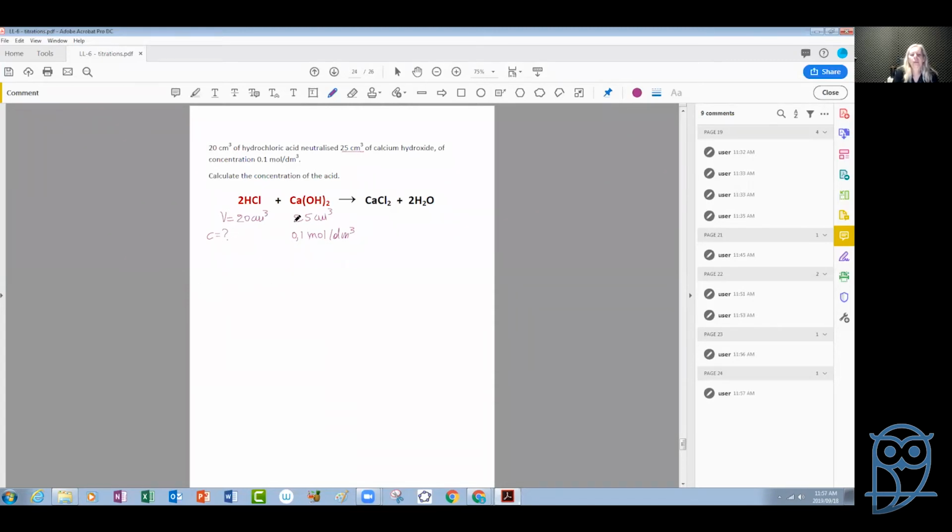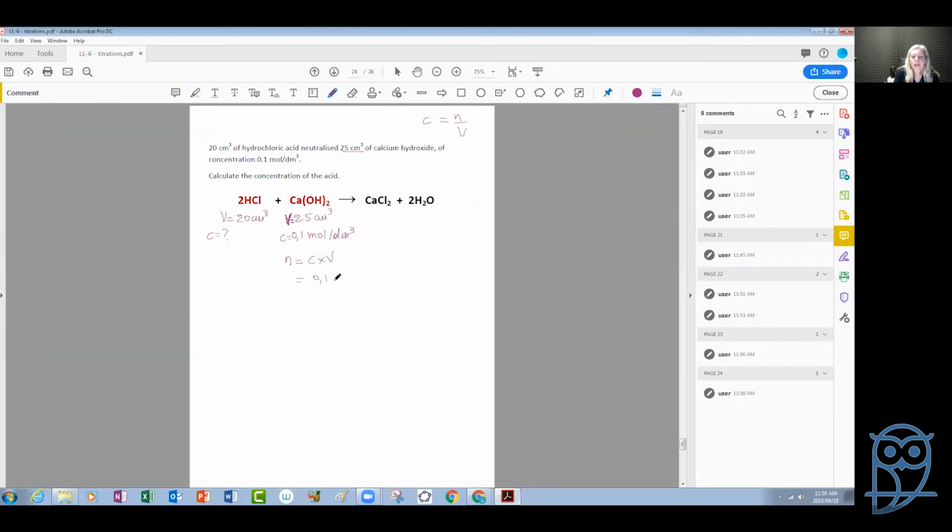Same thing. We have the volume of this standard solution. We have the concentration of this standard solution. We can find the amount of the base here, the amount of calcium hydroxide. So the amount is, again, we remember, concentration times volume.